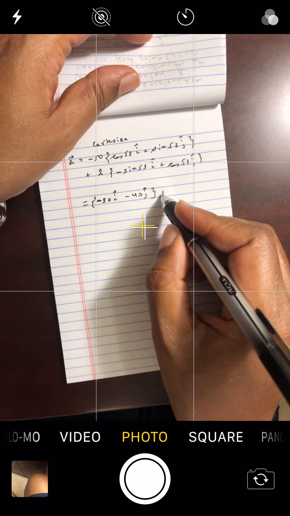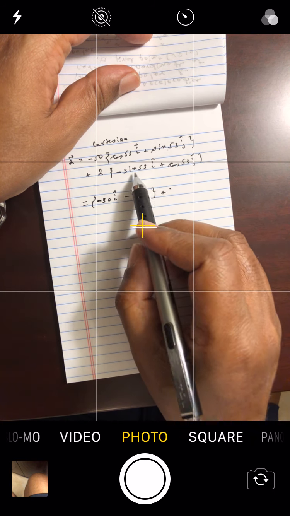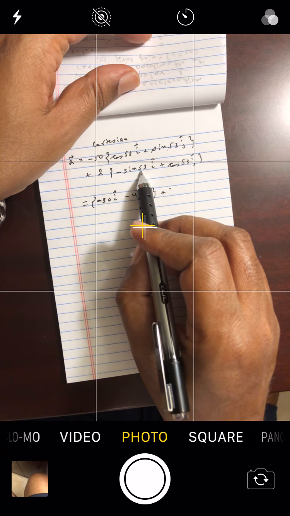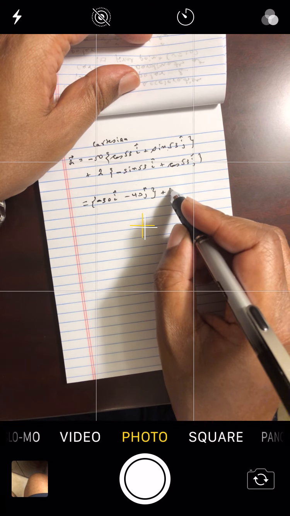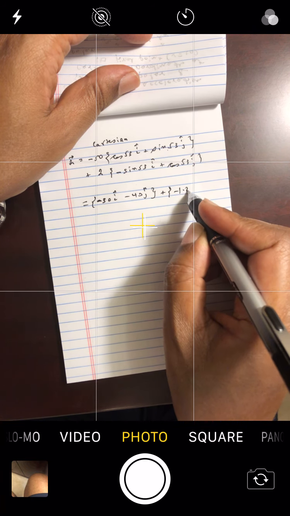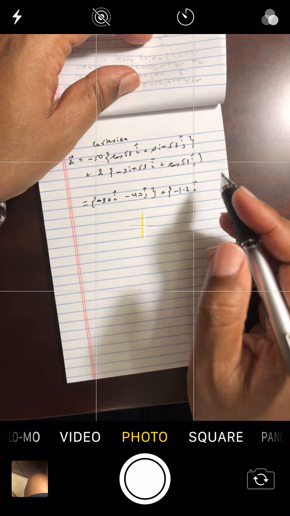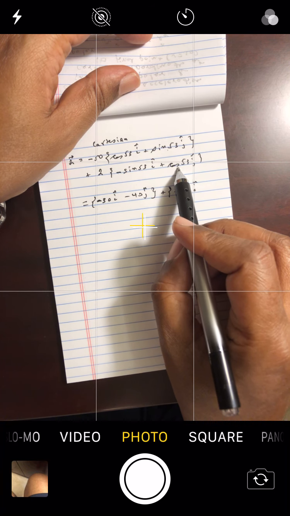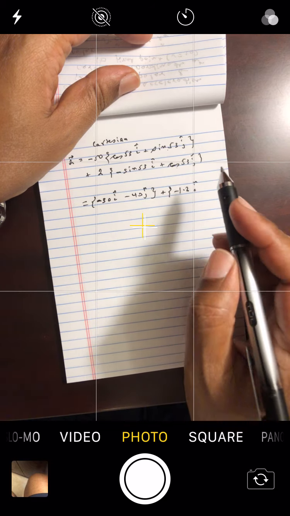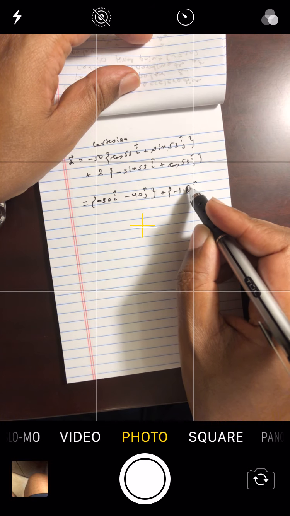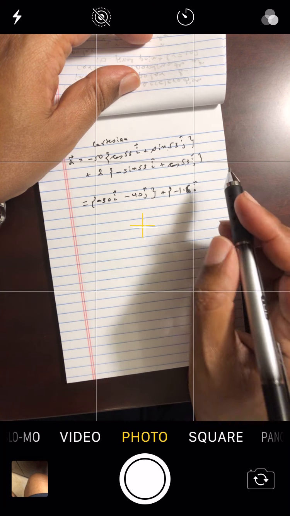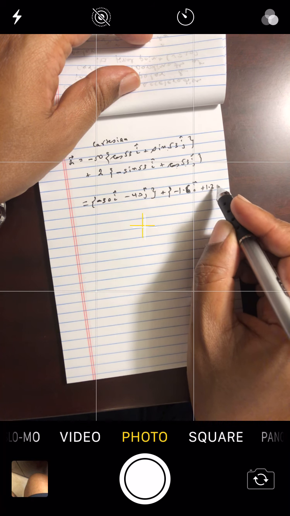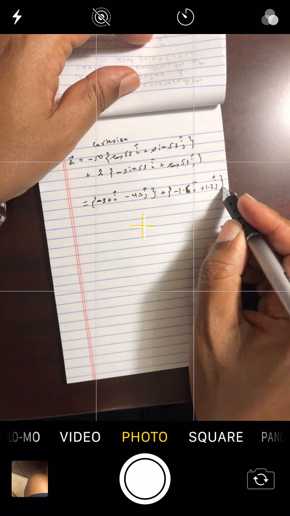Okay, and then we've got plus 2 times sine phi3 is 0.8, so negative 1.6 in the i direction, and cosine of phi3 is 0.6, so that's 1.2 in the j direction.